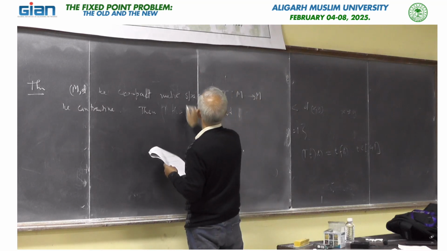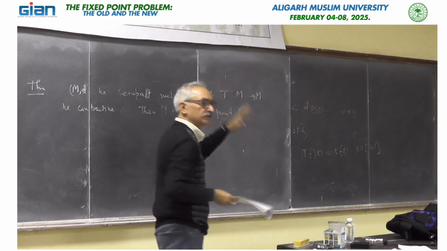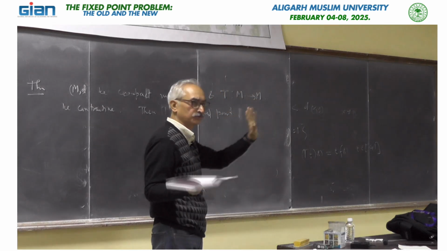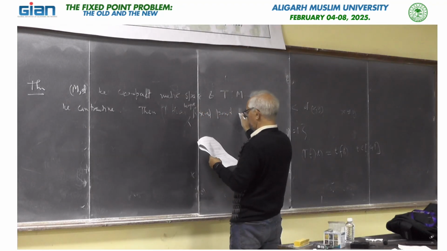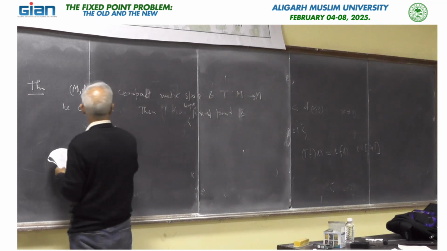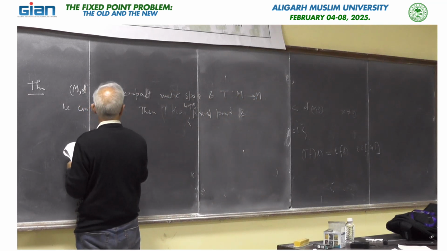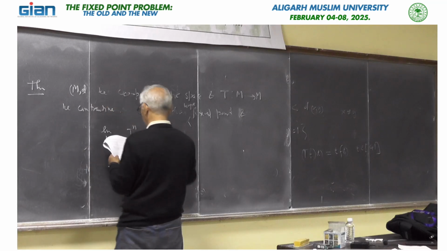Of course, whenever the contractive condition holds, the fixed point is unique, that you can easily see. So, unique fixed point, moreover, and you have the limit as n tends to infinity of T^n of x equal to x_0.